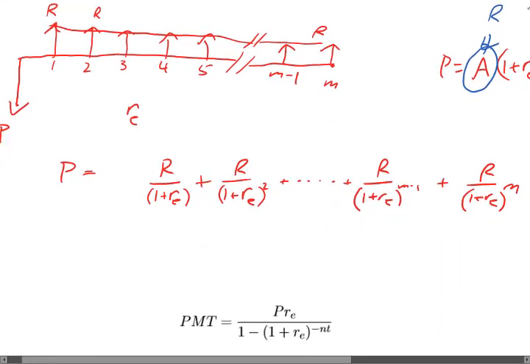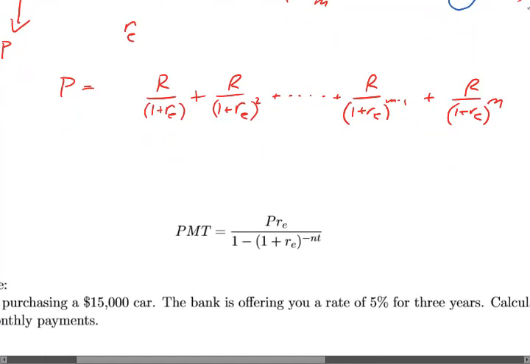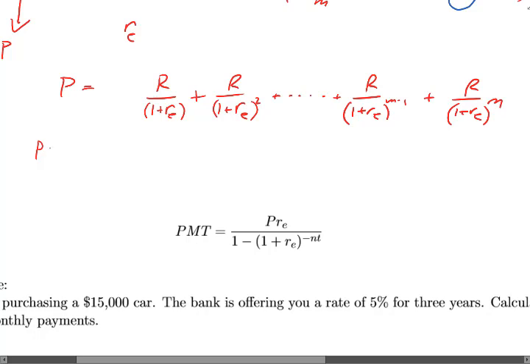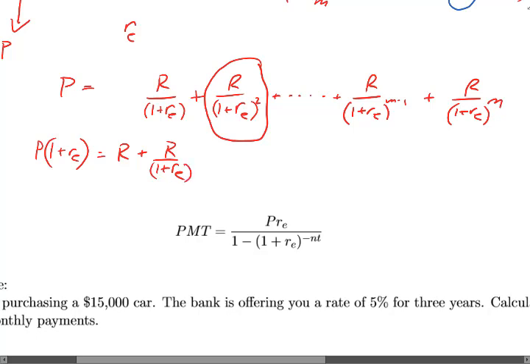Alright, so we're going to do something a little bit clever here. Let me zoom in to our step here. We're going to multiply everything by what you see in the bottom, that 1 plus RE. So on the left hand side we've got P times 1 plus RE. You multiply this first term, and you end up with R. Multiply this term by 1 plus RE, and you simply end up with R over 1 plus RE.